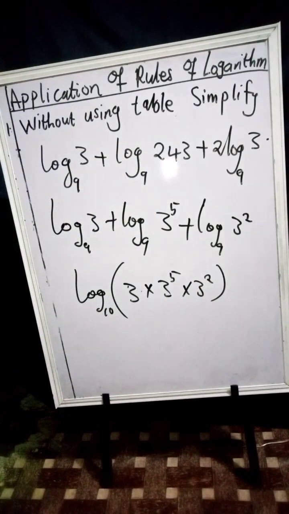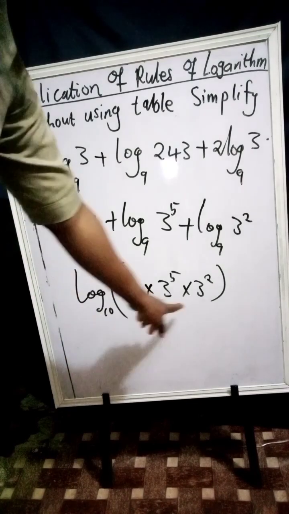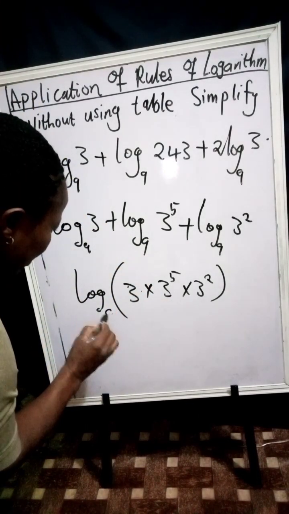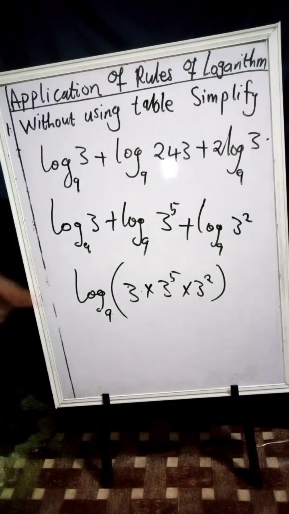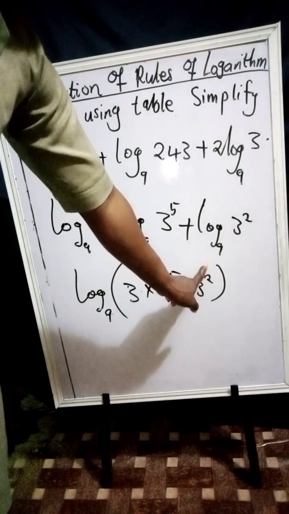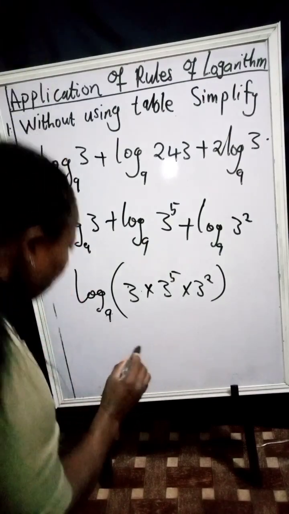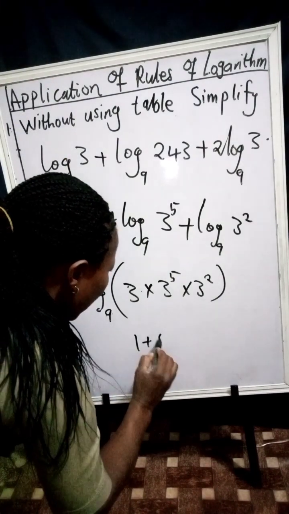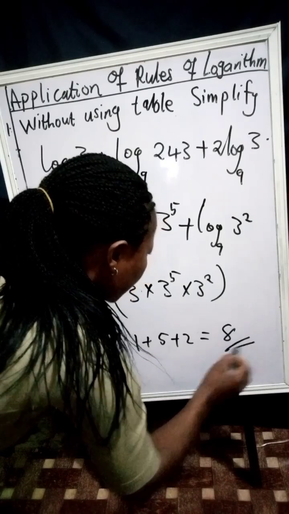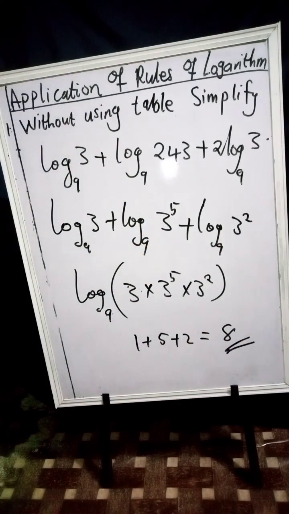Then in this case, since they are of the same base, multiplying each other, what we have is to add the powers. This is to power 1, this is to power 5, this is to power 2. So we have 1 plus 5 plus 2, and that will give us 8. And that is the answer. I hope it's understandable.